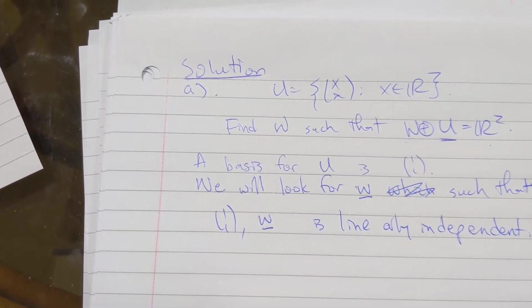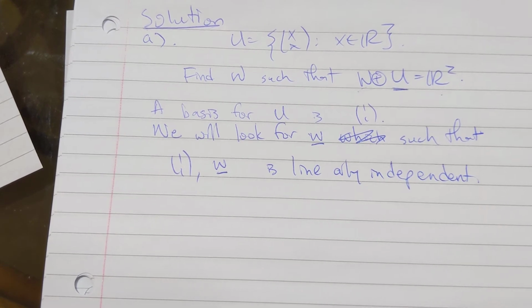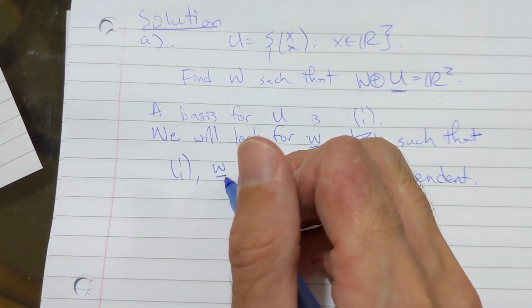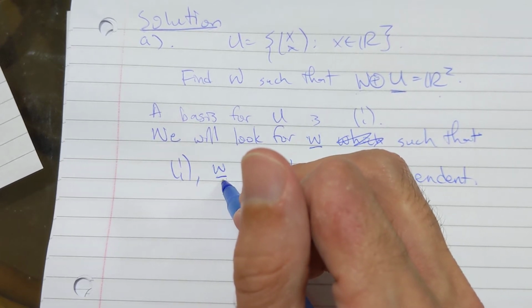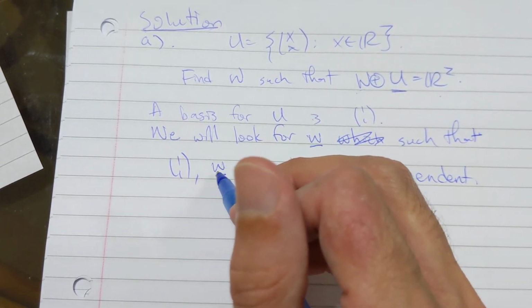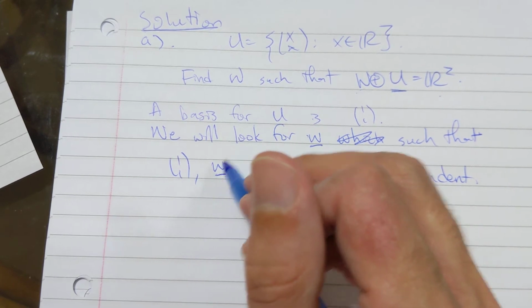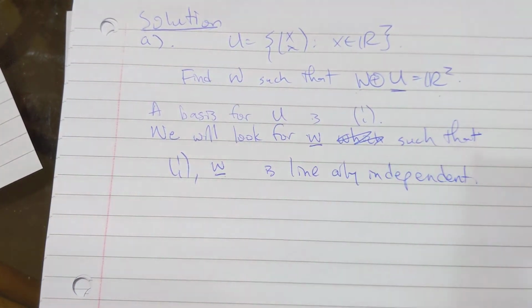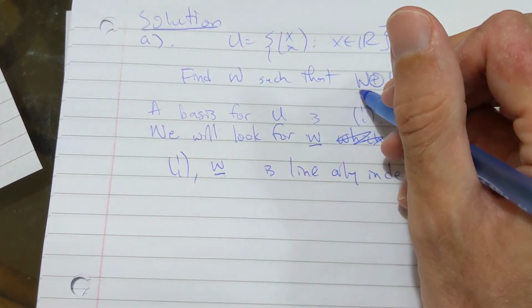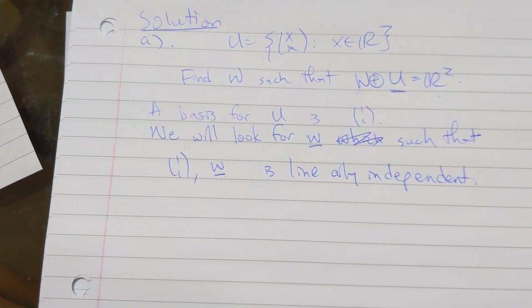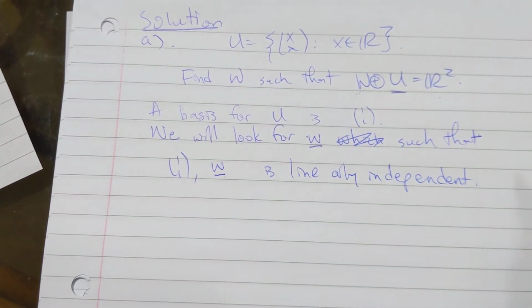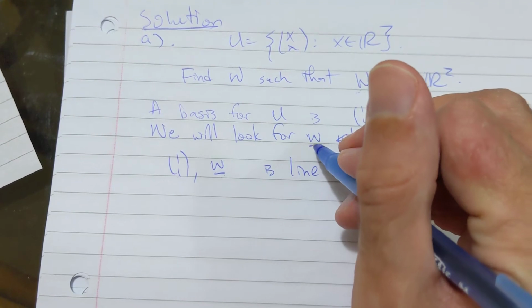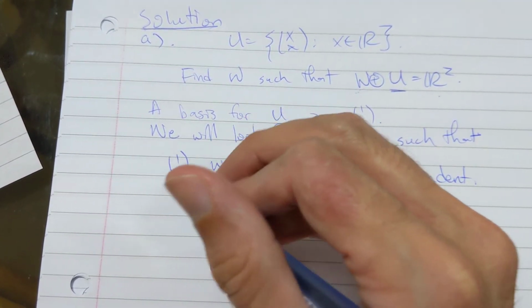That's one way to do it anyways. Because if these two vectors are linearly independent, the span of (1, 1) and the span of w will have zero intersection, and their sum will have dimension 2, so it'll be all of R2. You can check that the conditions are satisfied for a direct sum. And how do we look for a w that's linearly independent from (1, 1)? I'll just take any w that's not a multiple of (1, 1).